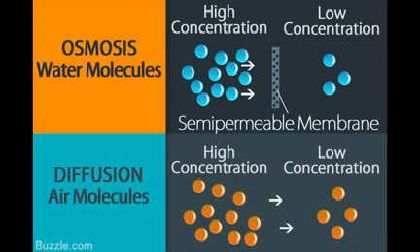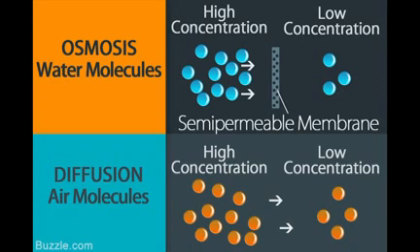And osmosis. Though diffusion and osmosis are quite similar, there is some difference. In case of osmosis, it is a special kind of diffusion of water molecules or any solvent through a membrane.